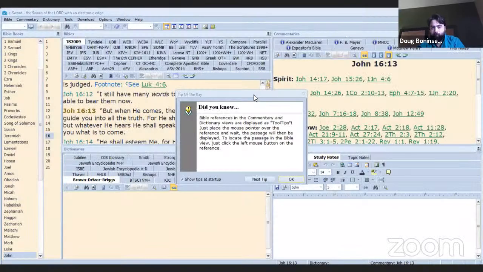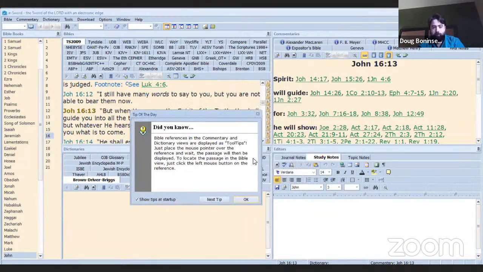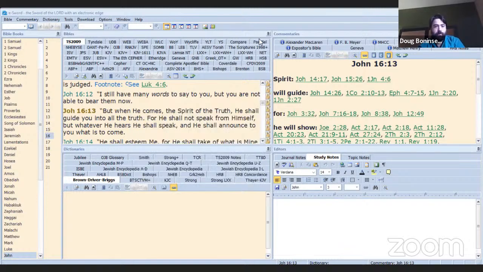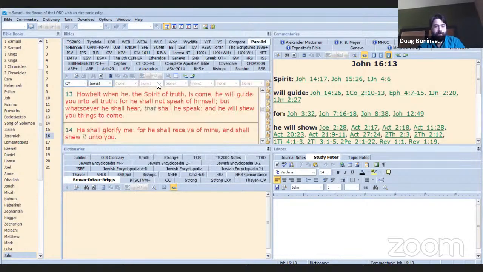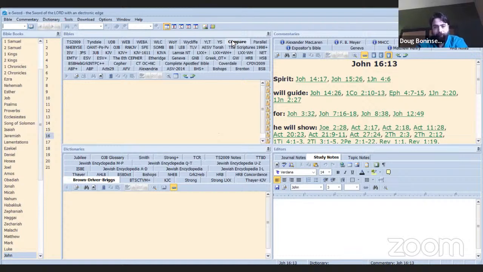All right, so here we go. Let's see how I'm going to have to do this. I think it's parallel view. Oh no. Where is it? Parallel compare. Okay, so we go to compare view here.